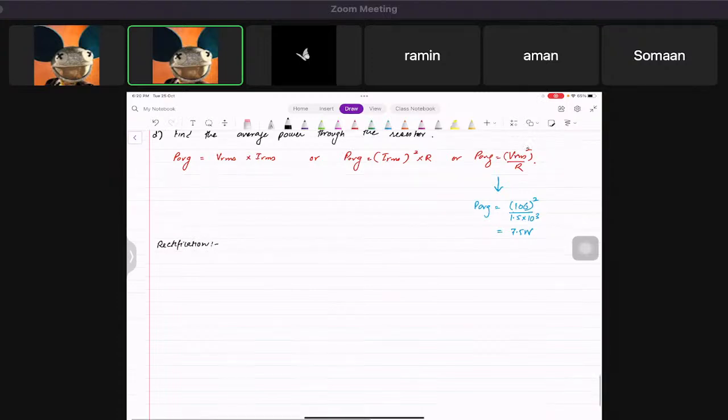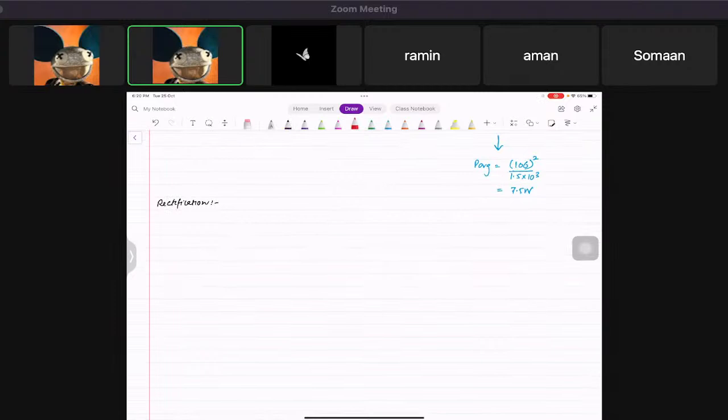So rectification is the process that ensures current flows in only one direction using a diode or combination of diodes.